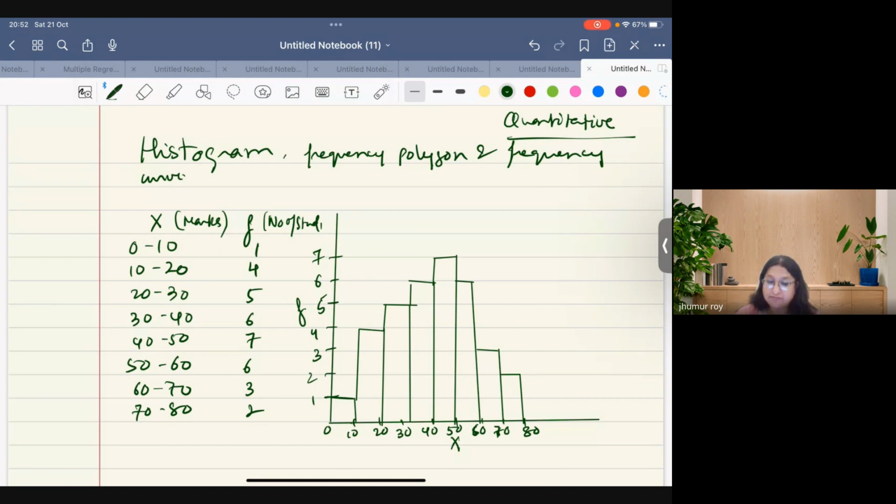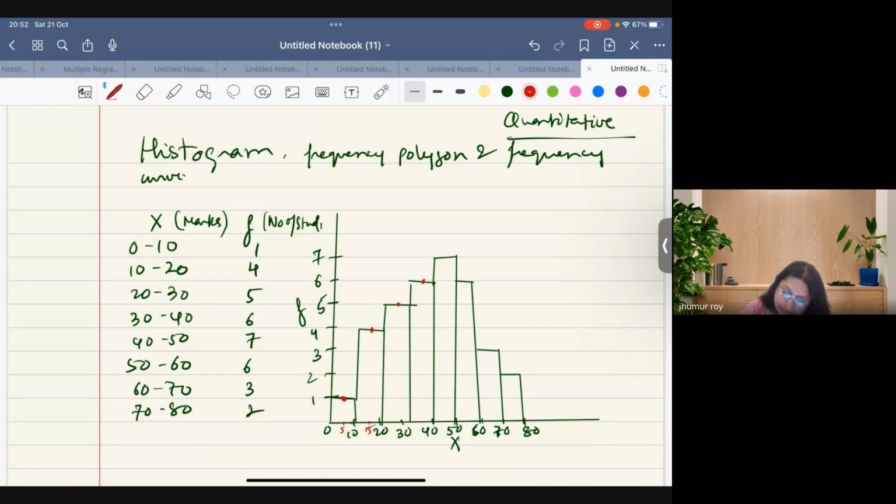Okay, now what is a frequency polygon? It means we will take the central value of, means 0 to 10 means 5. Similarly 10 to 20 means 15.